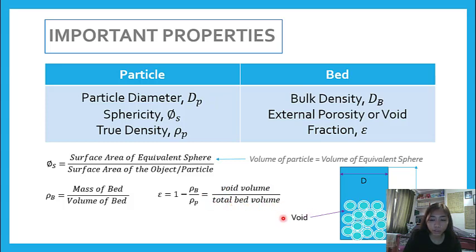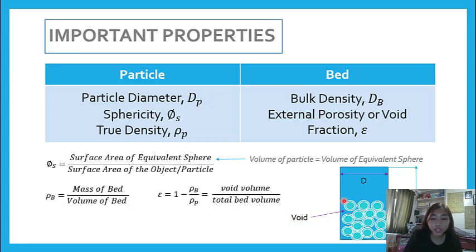The void volume is the total volume not occupied by the solid particles. Within the bed, not all spaces are occupied by solid particles, so it actually has voids. And the total volume of that is the void volume.